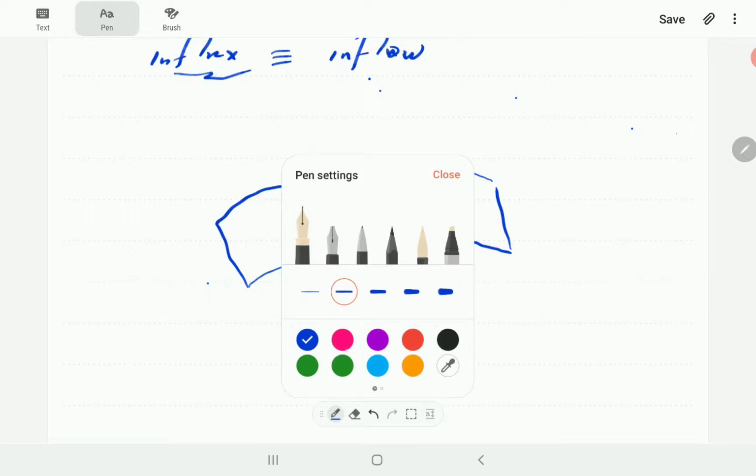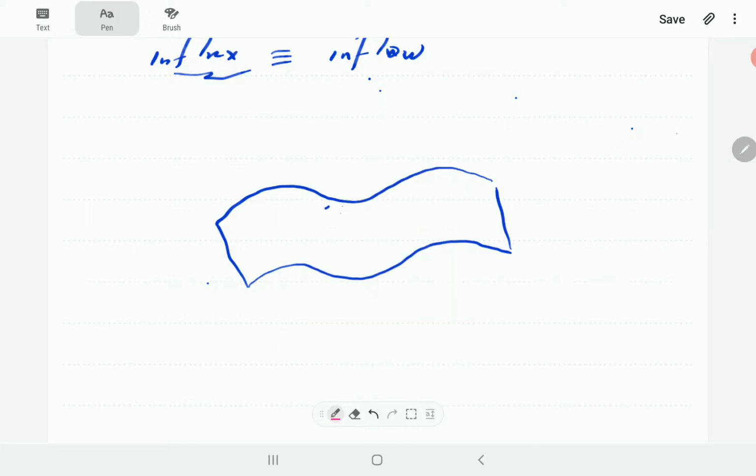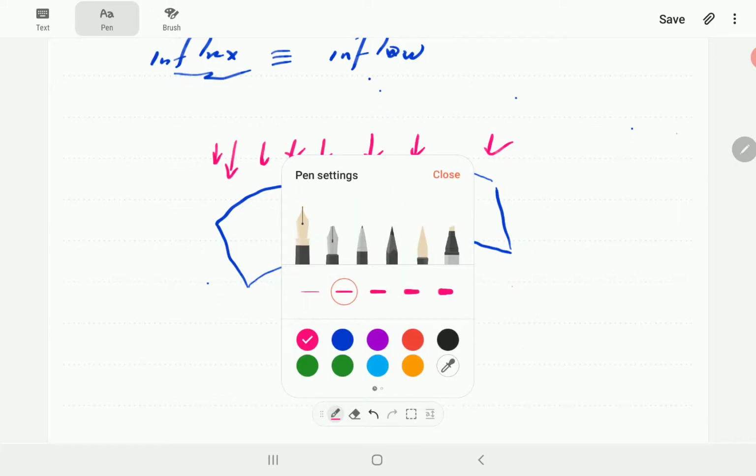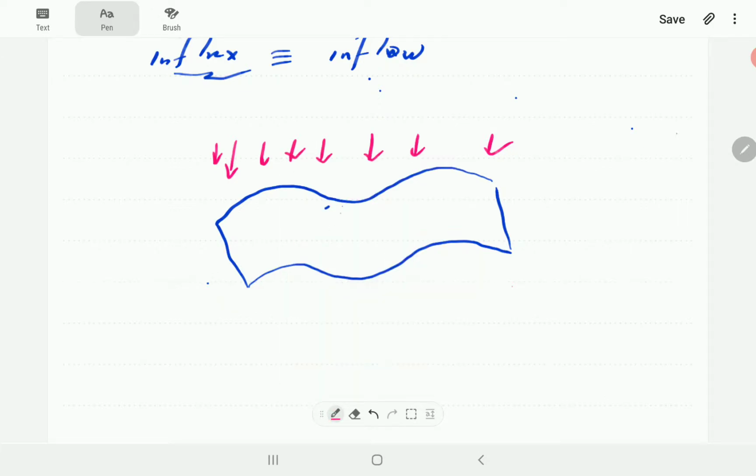And the intensity of our rain, which is the vector that we're using, could be different. Maybe the intensity is high this side and a bit weak in the middle, or weak as you go this way.